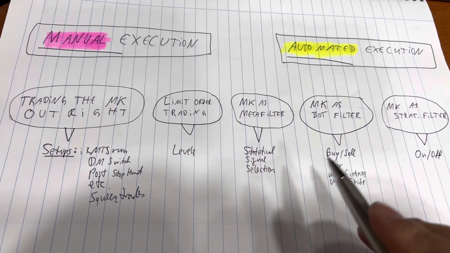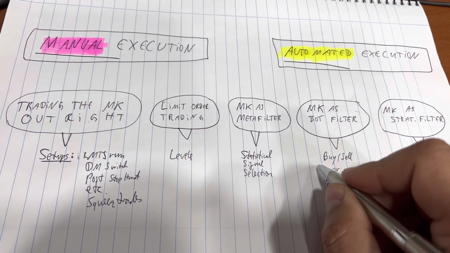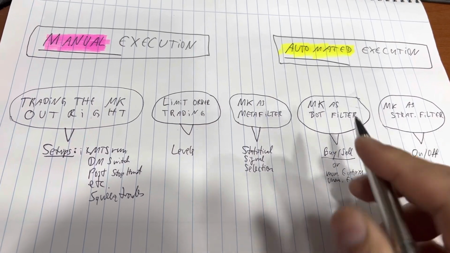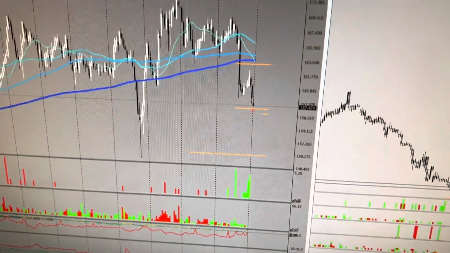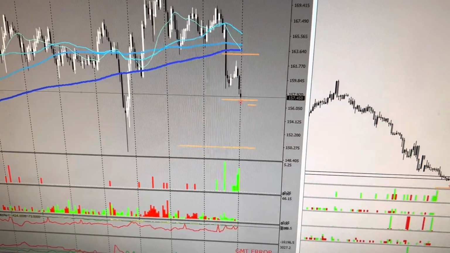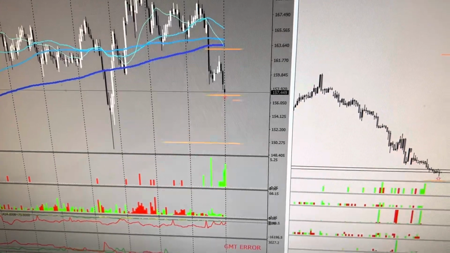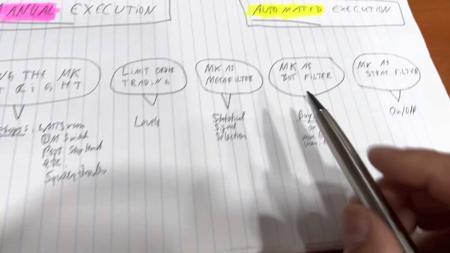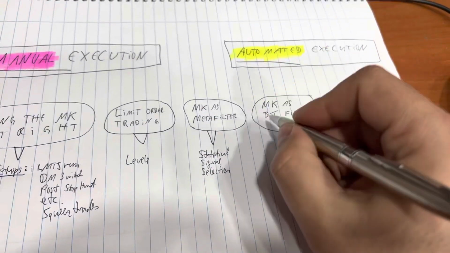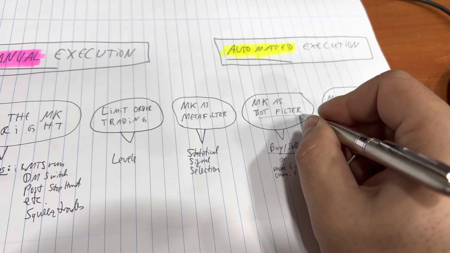What I do is I tell my bots, for example, only buy, only sell, okay, based on the causality. So I check the causality, I see, oh, pound yen is bearish, for example, so I only allow my bot in pound yen to sell, not to buy. Yeah, if there's no signal, there's no signal. If there's no trade, there's no trade. So use the MK as a filter for the bots.